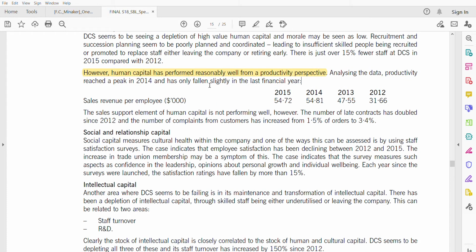This is why practicing past papers, practicing mocks is very, very important. Now, sales revenue per employee. Just see how the productivity increased. And from 2014 to 15, slightly it reduced, just from 0.81 to 0.72.